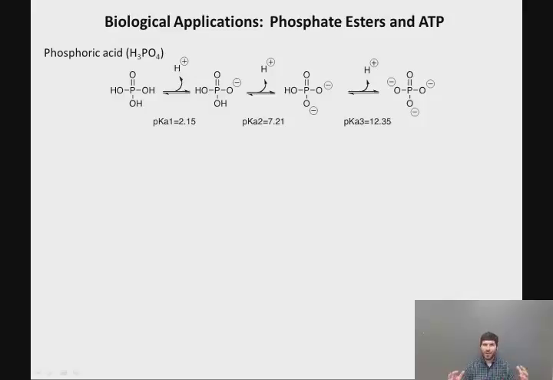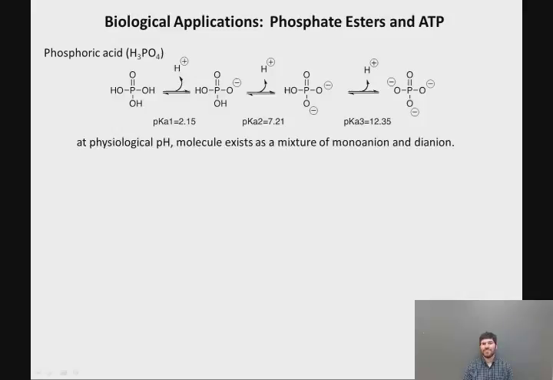But in the realm of weak acids, 2.15 is a fairly strong weak acid. Okay, so that would give you the monoanion. Then for deprotonating the monoanion to give a dianion, the second pKa is 7.21. And then for deprotonating the dianion to give a trianion, the third pKa is 12.35.